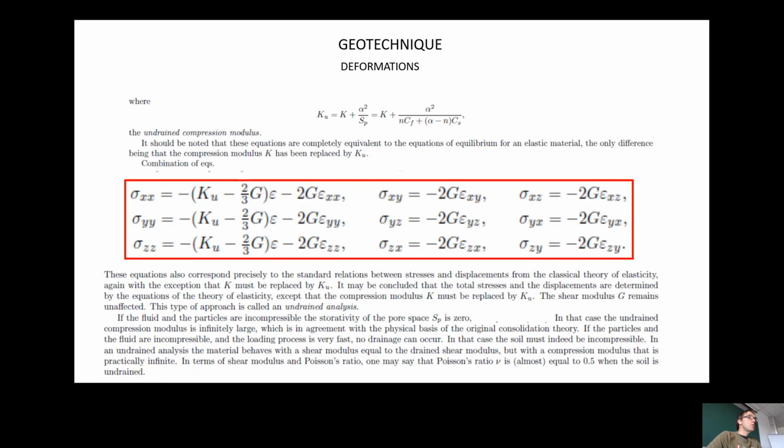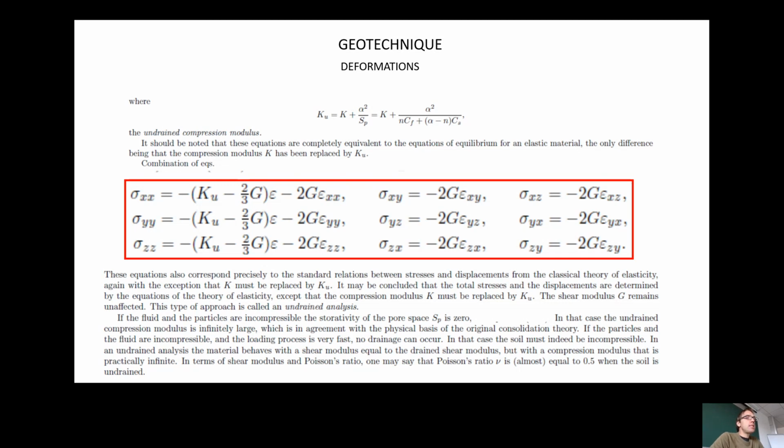These equations also correspond precisely to the standard relations between stress and displacement from the classical theory of elasticity, again with the exception that K must be replaced with Ku, the undrained compression modulus.